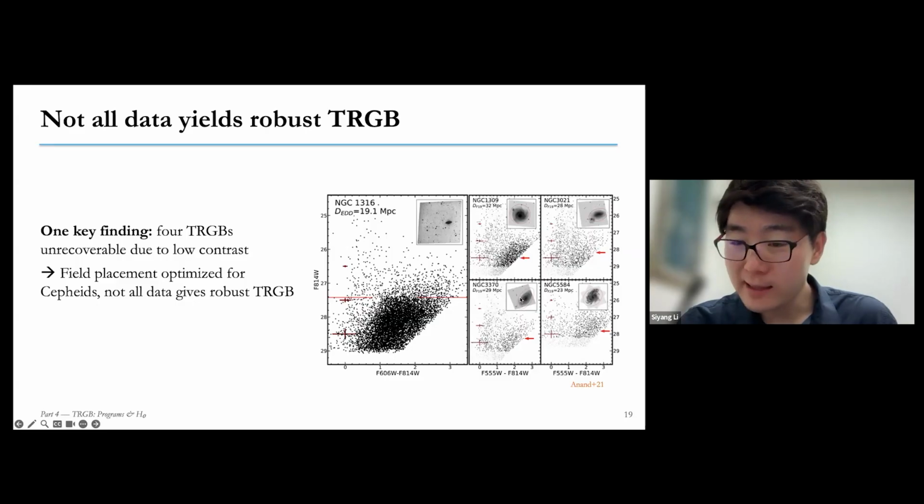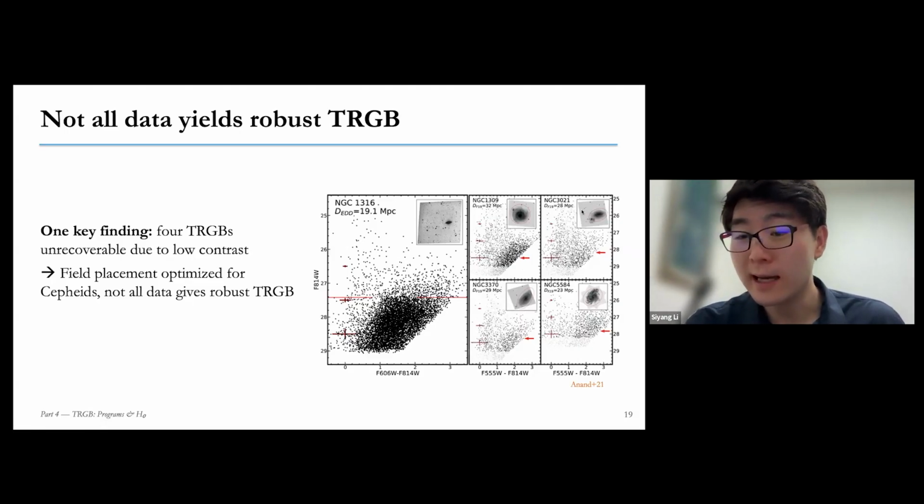But for 4 galaxies that were used in the CCHP data set, if you look at their color magnitude diagram, the drop-off is not very apparent. It's very difficult to locate by eye, and very difficult even if you apply a model fit to identify where that discontinuity is.